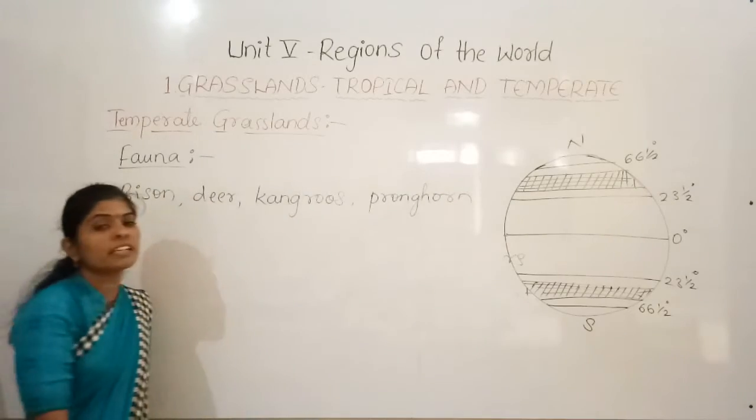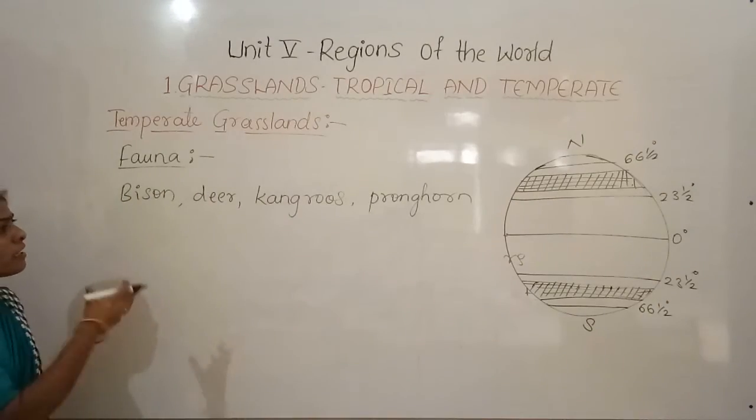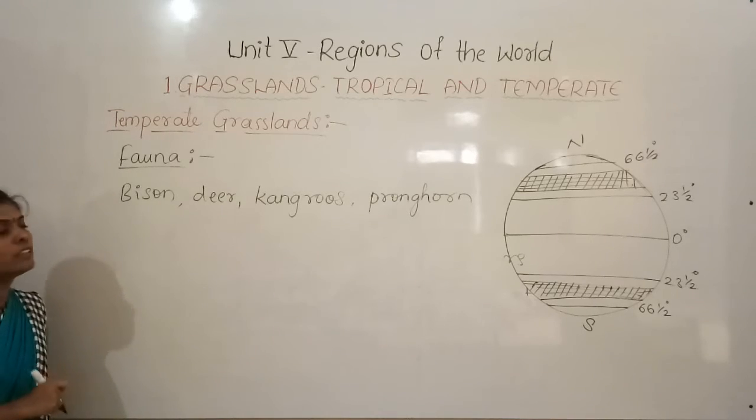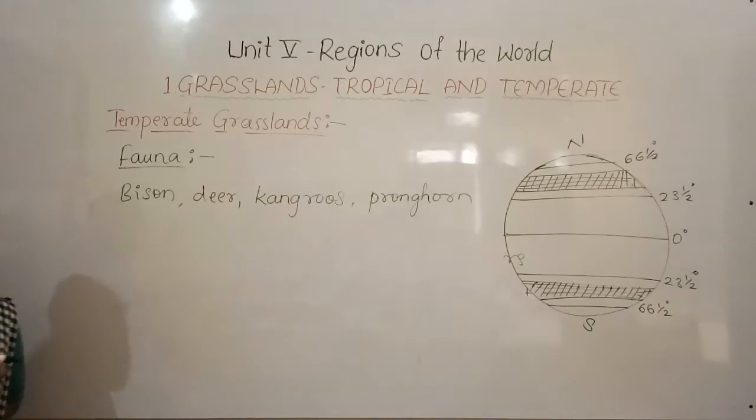These are some of the grazing animals which graze the grass in the temperate grasslands.